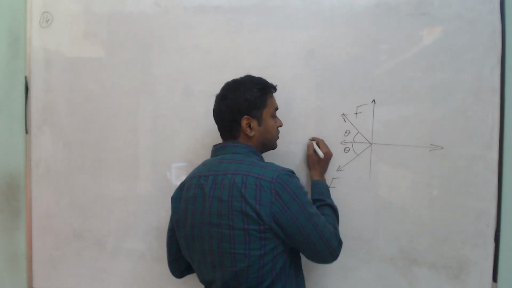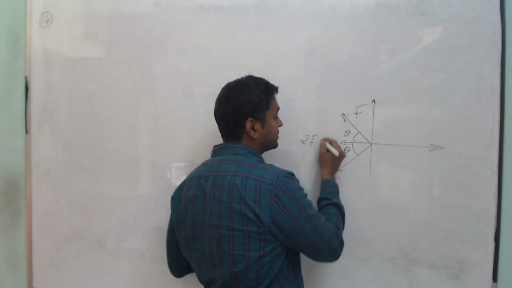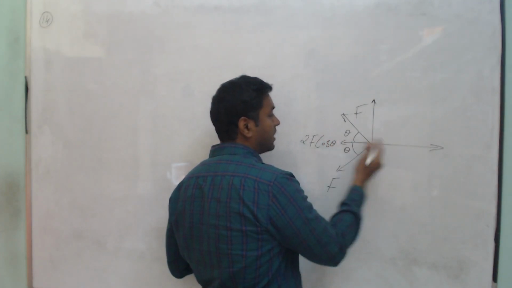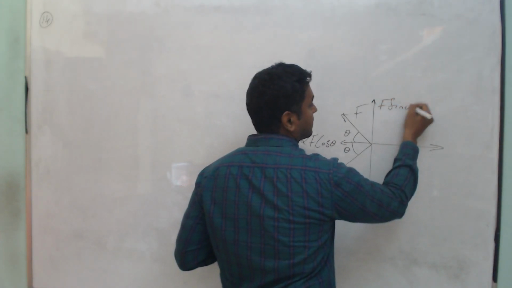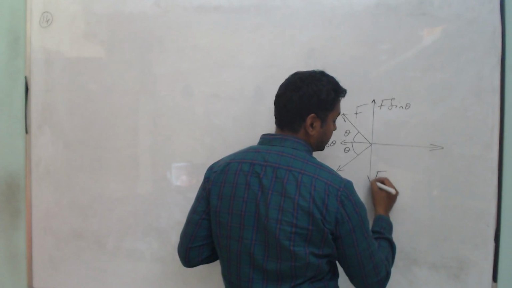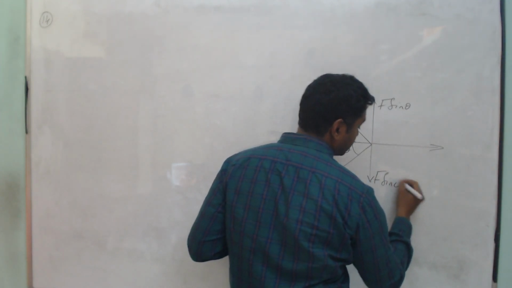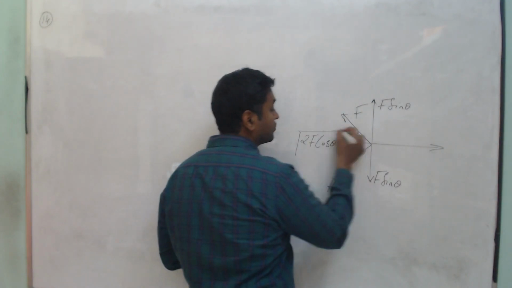This way I know f sine theta will cancel each other, right? F sine theta will cancel each other, and I will be remaining with 2f cos theta.